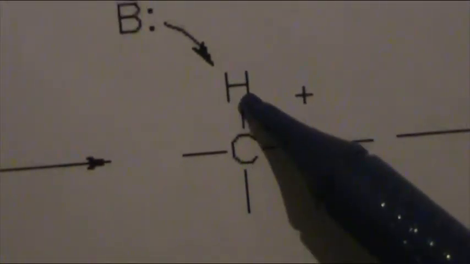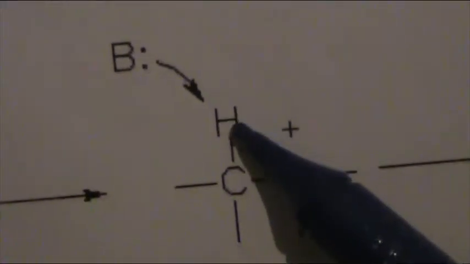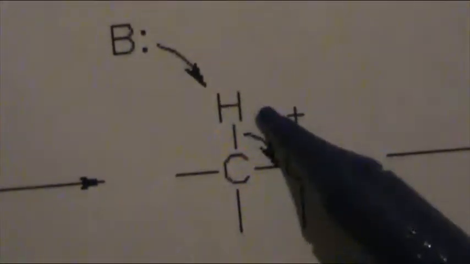Now, how is this carbon going to get electrons? It will get them from the neighboring carbon. This has two electrons, which form a bond with hydrogen. The hydrogen is being pulled by this base. The base says, I have two electrons, would you, hydrogen, come towards me and form a bond?